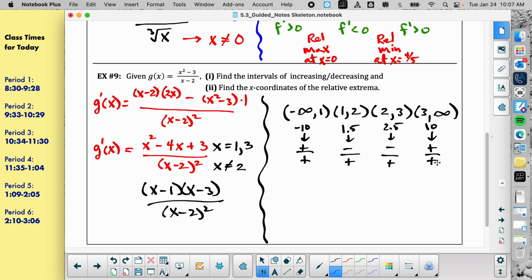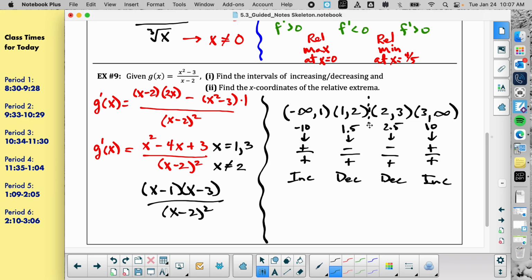This one actually works out kind of weird. We've got increasing, decreasing, decreasing, increasing. Now, what I do is kind of stupid, but it works for me.